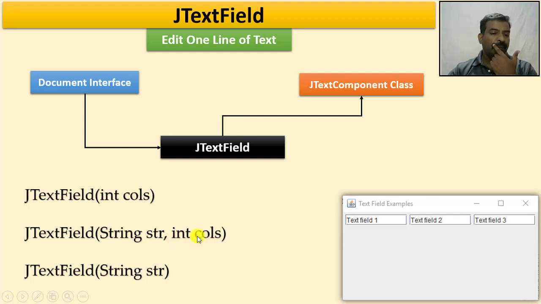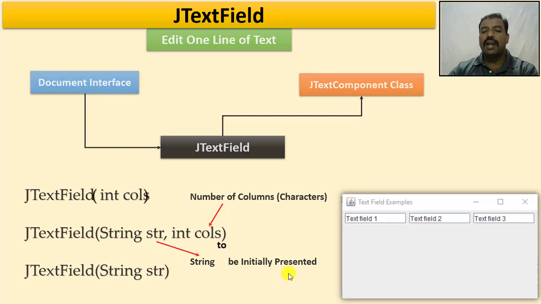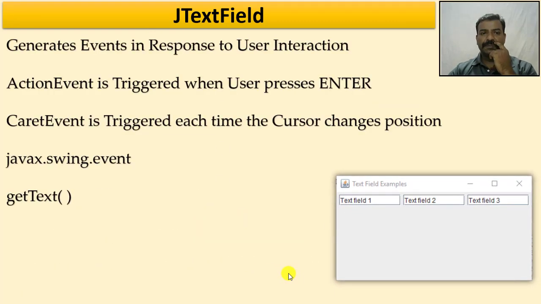I can also pass only the default string, and when I pass only the default string without the number of columns, then whatever number of characters you put in this message will be the length of your text field. That is what these three parameters do: the number of columns or characters, and the string to be initially presented by default. This is how we are going to make use of this constructor.